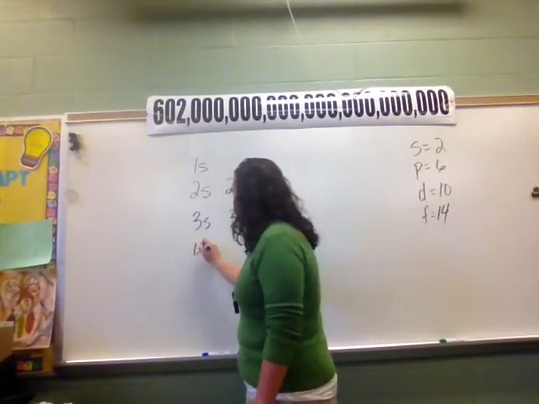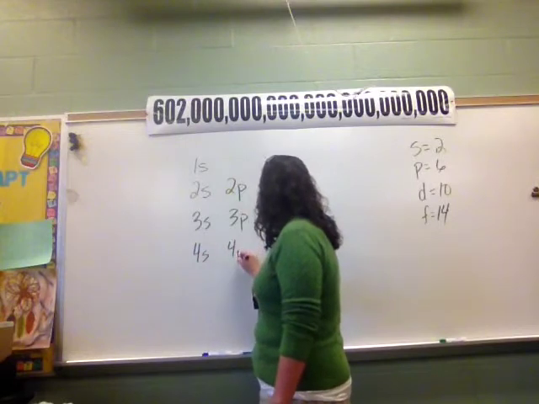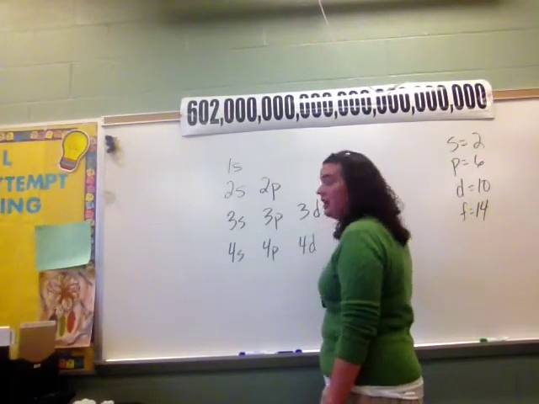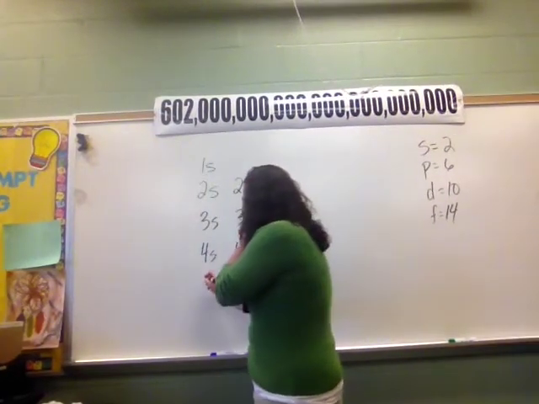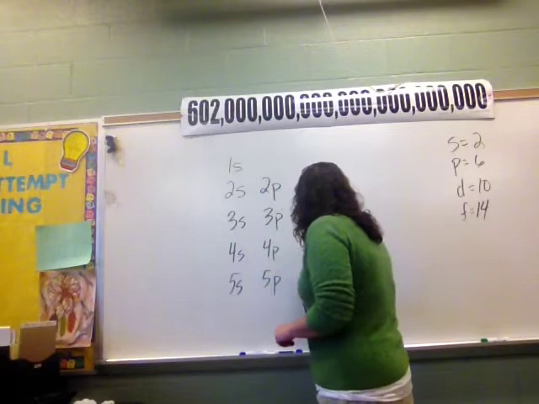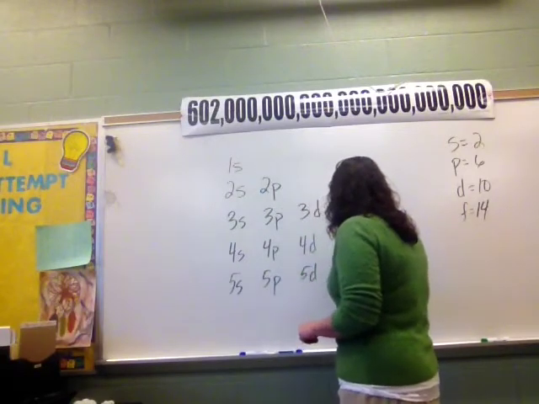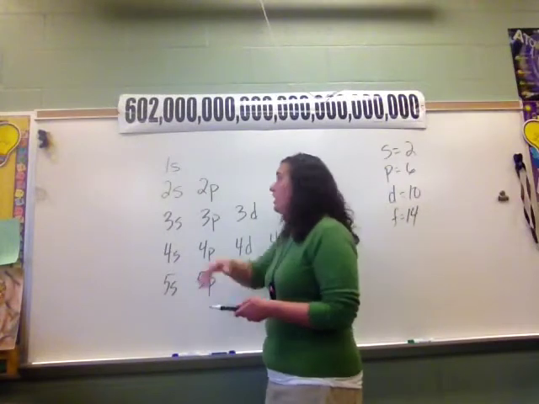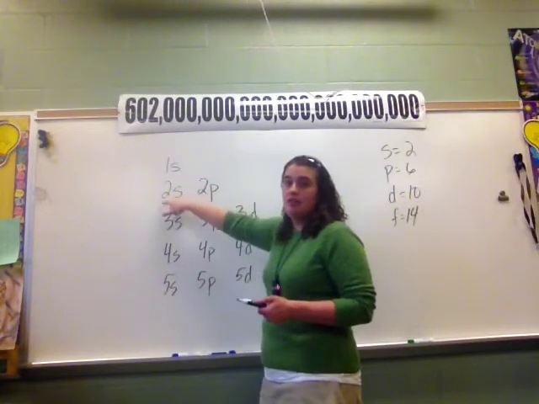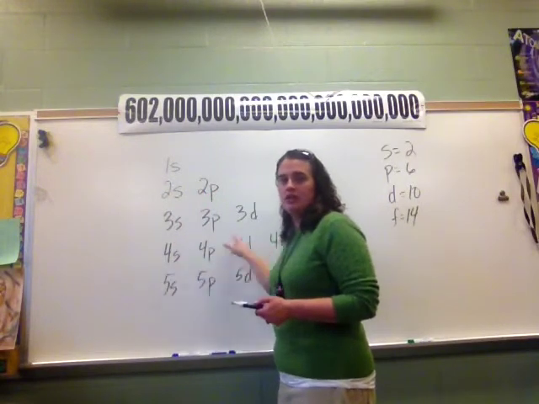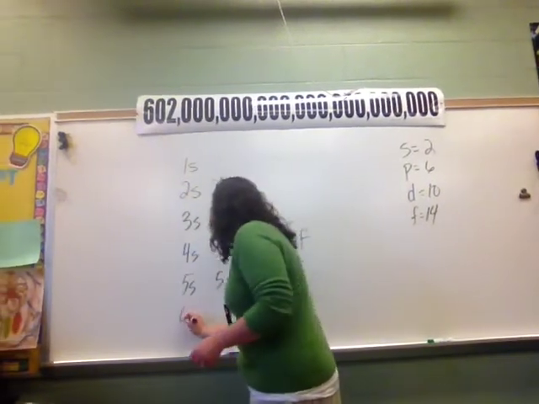Now I'm going to go to my 4, 4s, 4p, 4d, and this is where I get my 4f. And then I just continue down. So each row is a new energy level, and then I just need to remember, okay, my first I have my s, second s and p, third s, p, d, 4th s, p, d, f, and then everything beyond that.